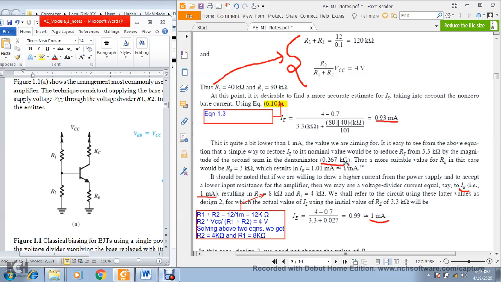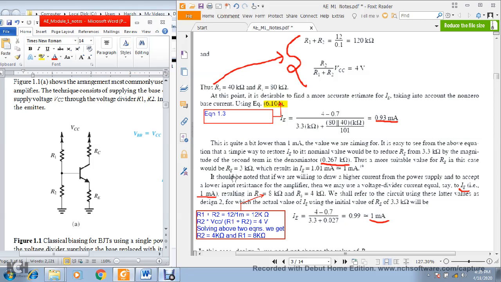You can approximate it to 0.3. The value you get, you should subtract from 3.3 kilo ohms. So 0.267, say 0.3 kilo. If it is subtracted from 3.3, you get 3 kilo ohms. That is how you need to do it.